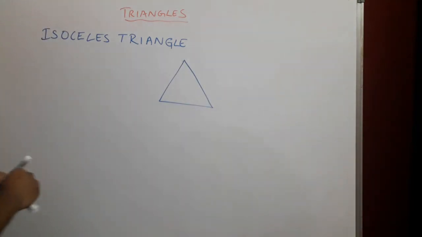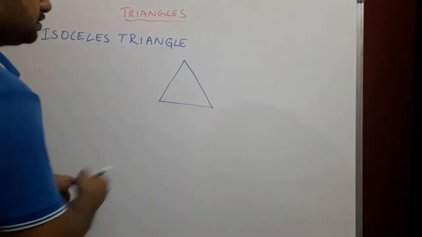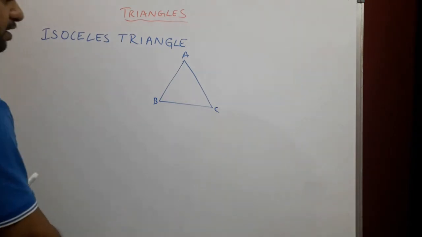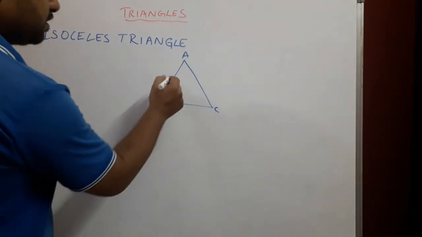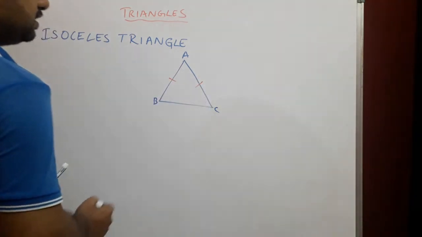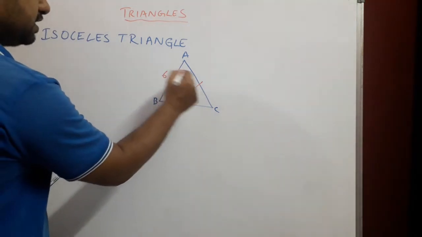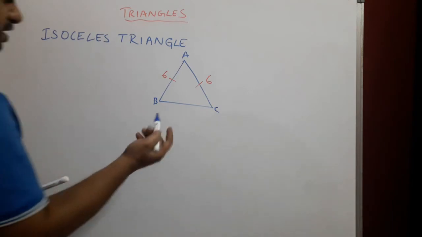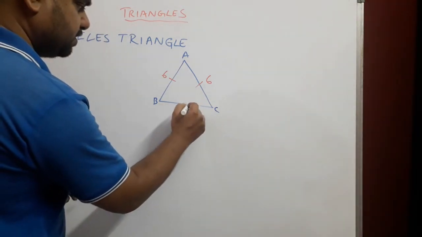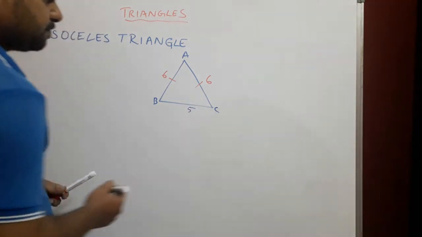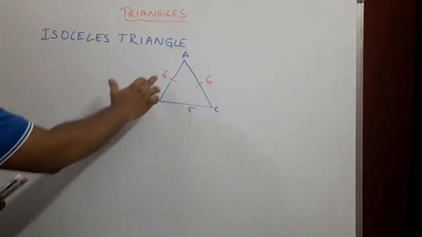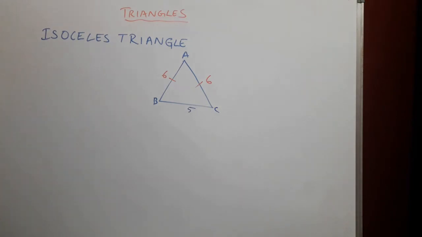Now let's take this example in this particular triangle ABC, and we'll take sides AB and AC as equal. So if this is 6, this will be 6. The third side can be anything. For example, it can just be 5. It doesn't matter, as long as any two sides of a triangle are equal.